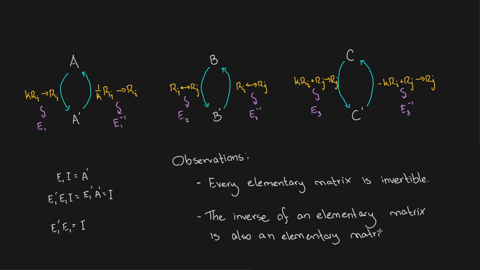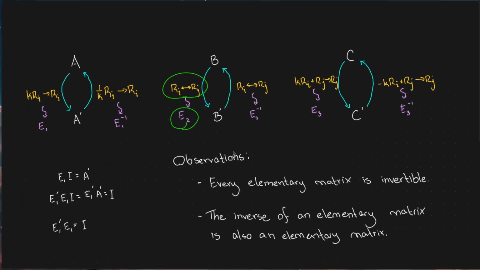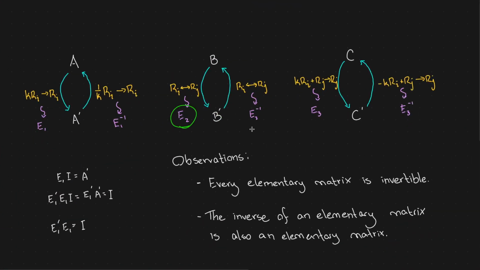Right? Because we just looked at all three elementary row operations. We know that using a different elementary row operation, we can invert them. We could undo them. And therefore, the elementary matrices corresponding to those inverse elementary row operations must be the inverse matrices of the original row operations. Okay? So this elementary matrix and this elementary matrix must be inverses. And this is an elementary matrix because it corresponds to an elementary row operation.